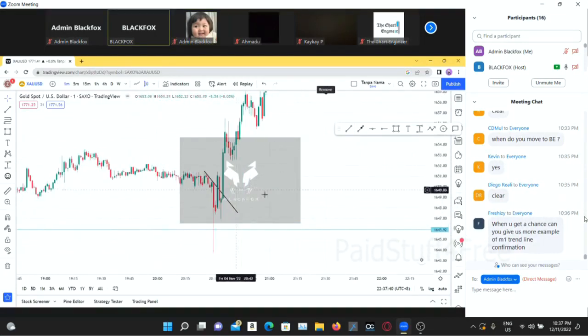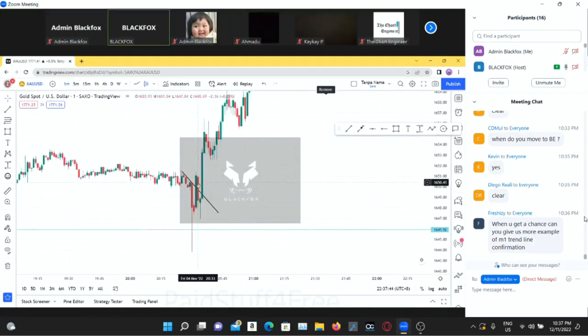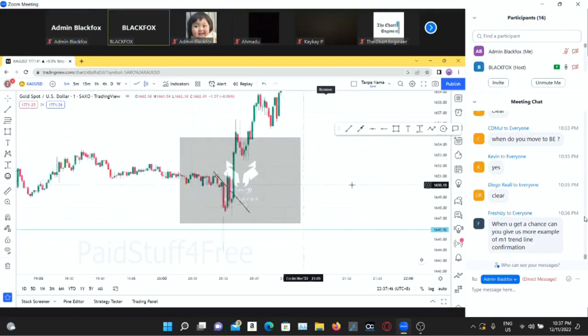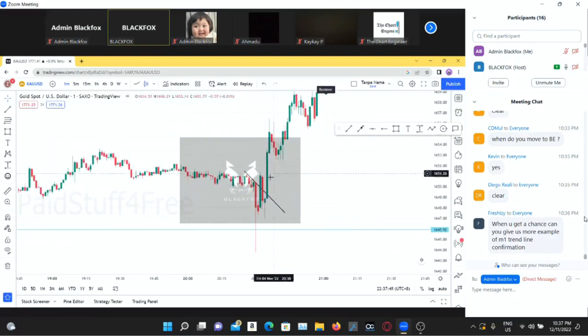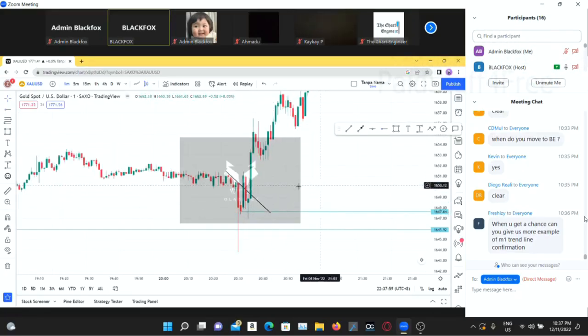Okay, for M1 confirmation, there are two types of confirmation. Break instant also can, break pullback also can. Sometimes when there is news, the price will test M1 first. After breakout confirmation, the price will pull back and test M1 support.